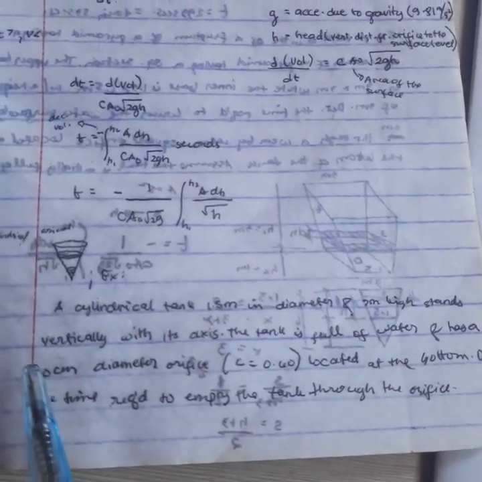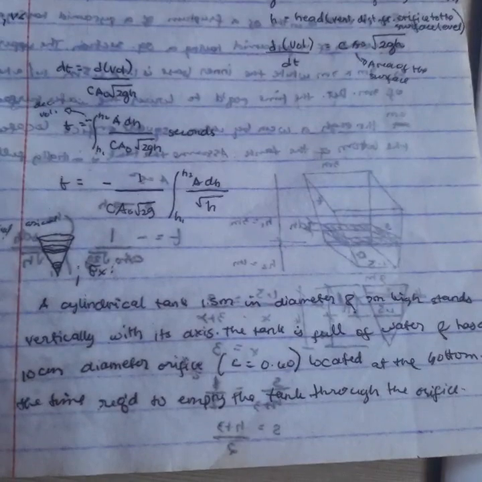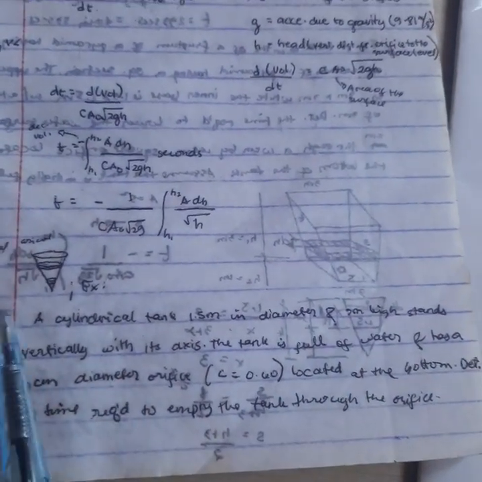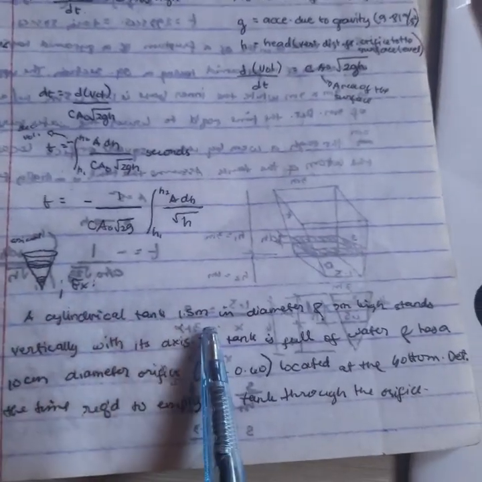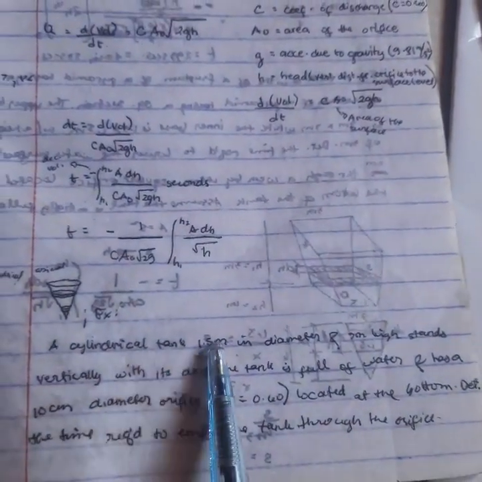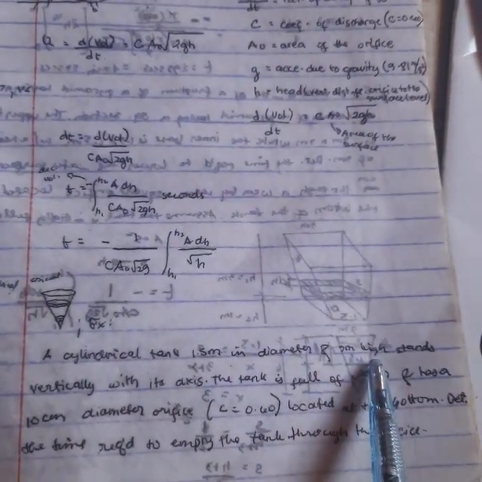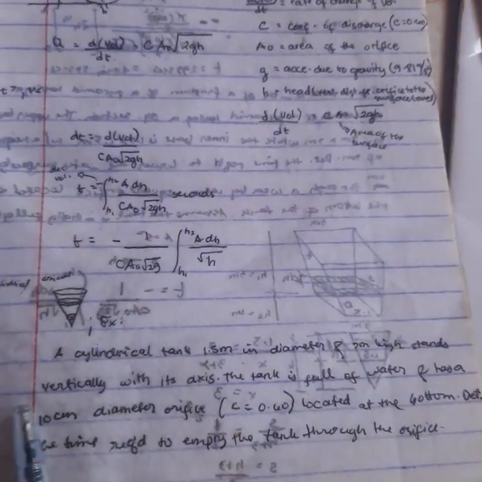We have this problem. Okay, so you can take a screenshot of this problem. I won't write it, to save time. So, a cylindrical tank. I will read it just in case it isn't legible. A cylindrical tank, 1.5 m in diameter and 3 meters high, stands vertically with its axis.